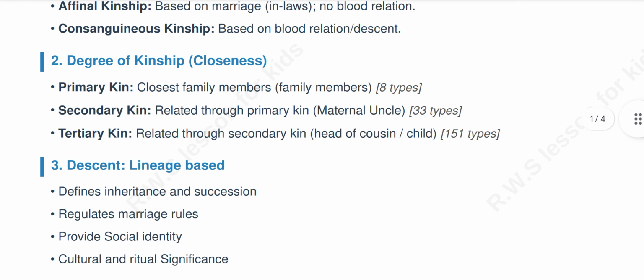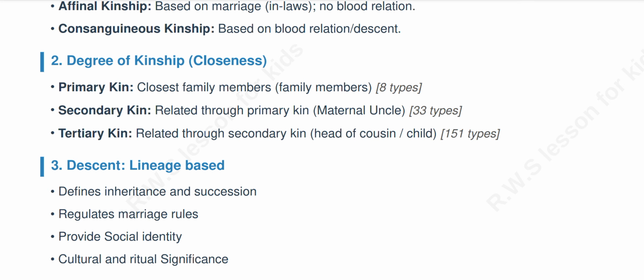Then comes the tertiary kin, related through secondary kin. These are basically the secondary kin of your primary kin. For example, your maternal uncle's wife.